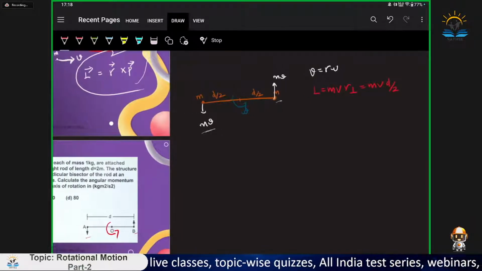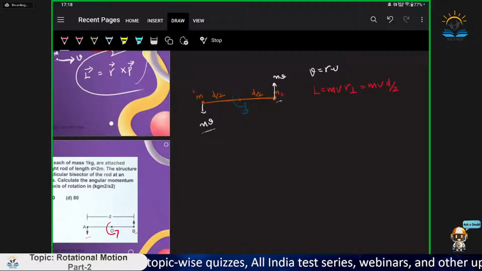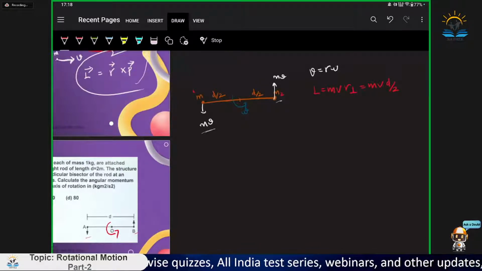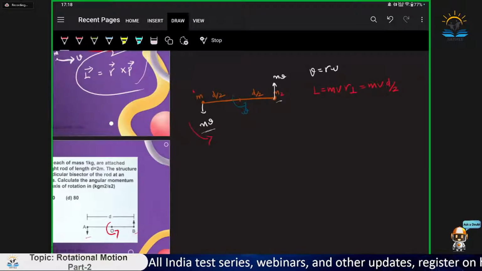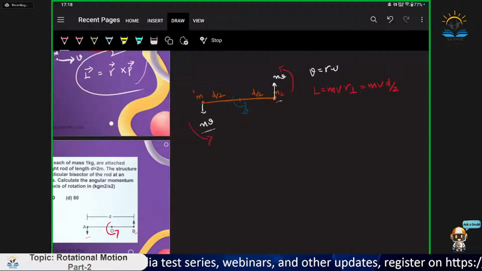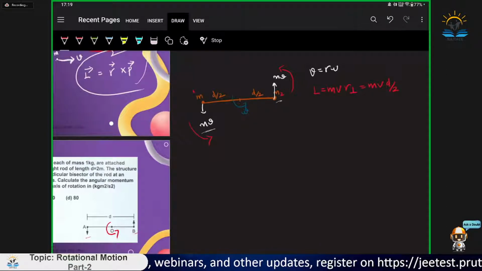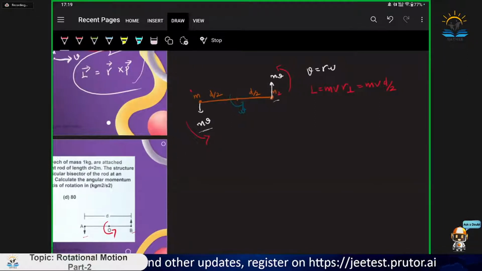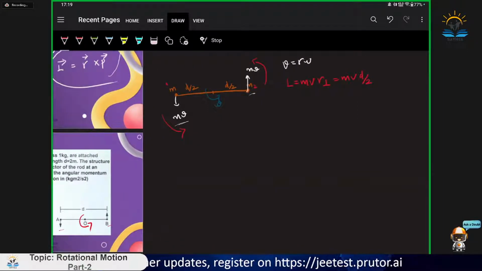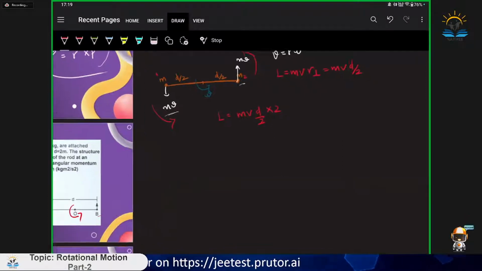Because of this first mass and second mass, the direction of angular momentum, r cross p, is upwards for both. So we can just add the angular momentum: m into v into d by 2 into 2, because 2 masses.